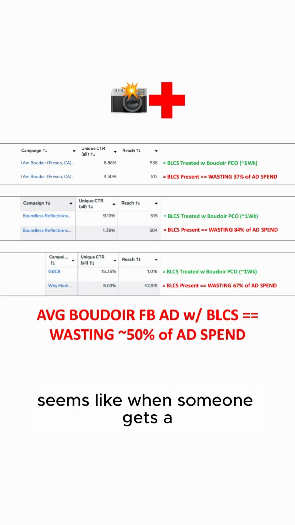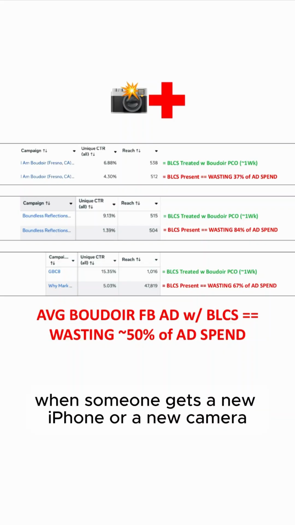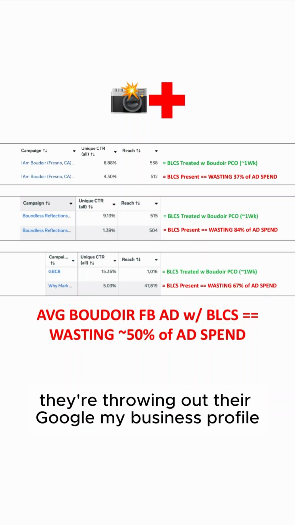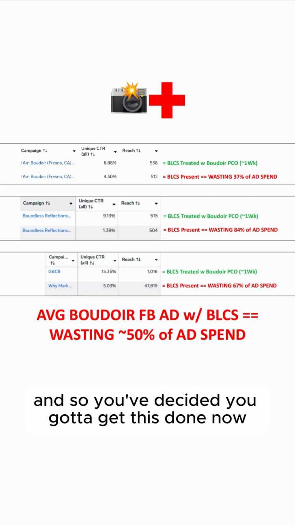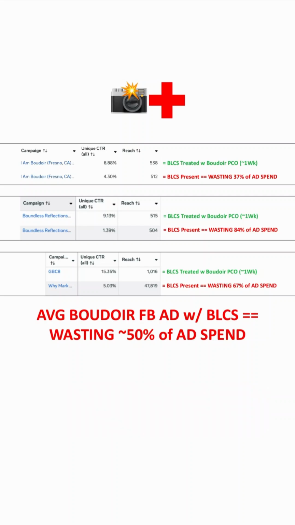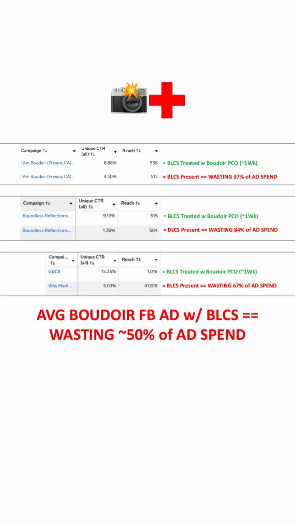Seems like when someone gets a new iPhone or a new camera, they're throwing out their Google My Business profile. And so you've decided you've got to get this done now, pull this profit out now and become more efficient now, so you can get on the way to becoming the number one boudoir photographer in your city.